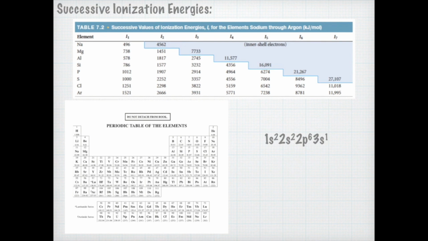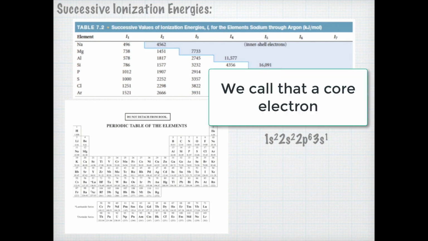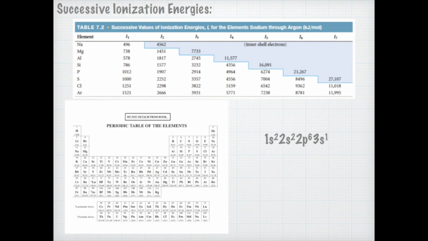Now, after I remove that first electron, if I try to remove a second electron, at that point I'm removing electrons from the inner shell, which experience more attraction to the nucleus, are closer to the nucleus, and therefore it's going to be a lot harder to do. And so from I1 to I2, there's a huge jump in ionization energies.